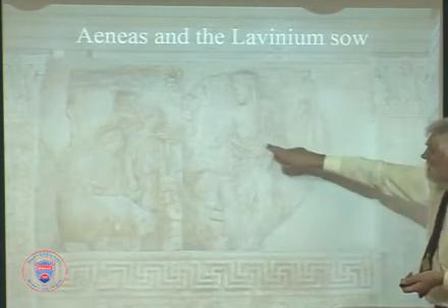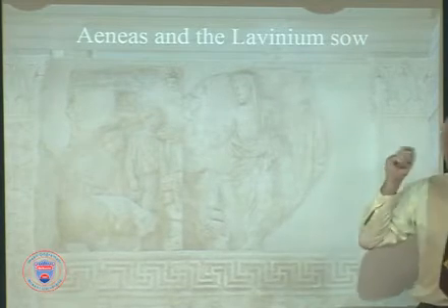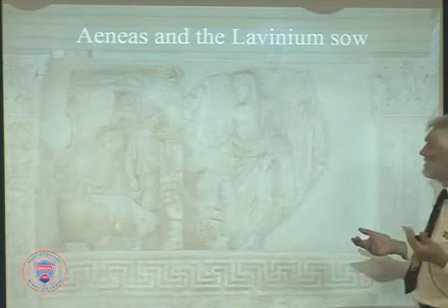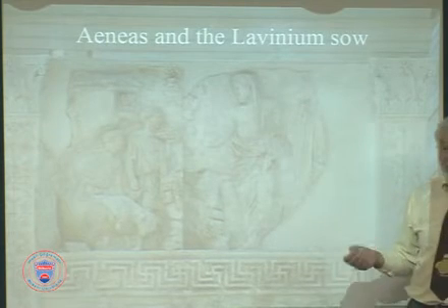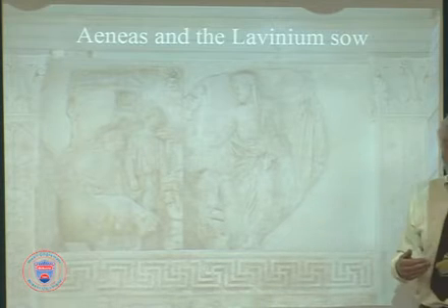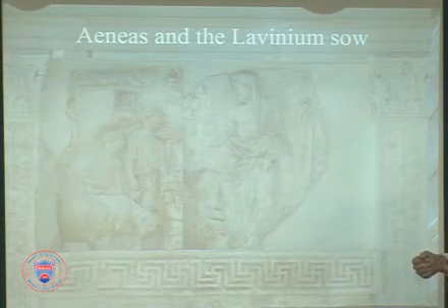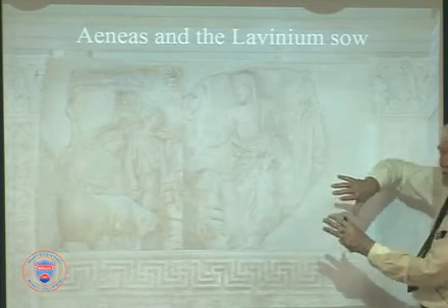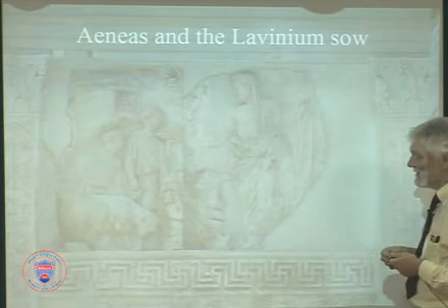The figure behind Aeneas is a young man with a broad-brimmed hat, a Thracian, Trojan type, Macedonian type hat. So presumably this represents Julius Ascanius, the ancestor of the Julian family. Augustus is a member of the Julian family. So you can see this is making the point, reminding people of Augustus's origins, ultimately going back to Venus.